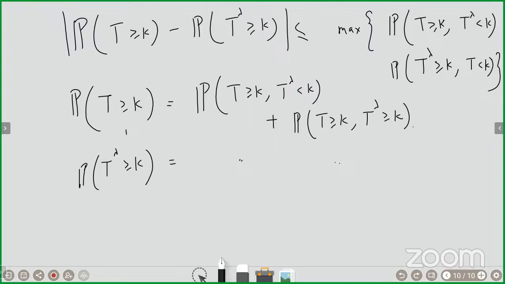So now tell me how to handle one of them. What am I trying to do? If T is greater than K, but T lambda is less than K. That's the only event I need to connect. And what are these? Progeny signs. But there is another way to write it. P has the same distribution as S prime 0 equal to 1.